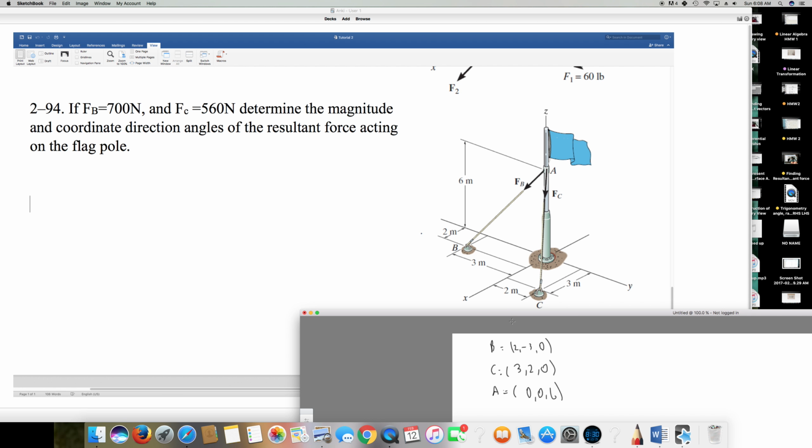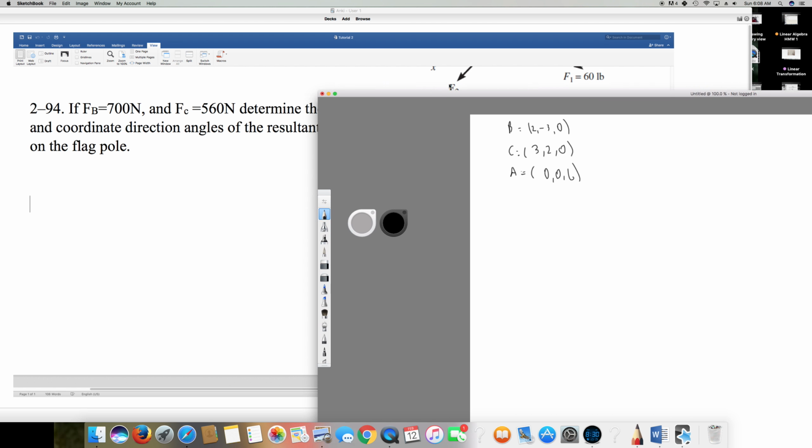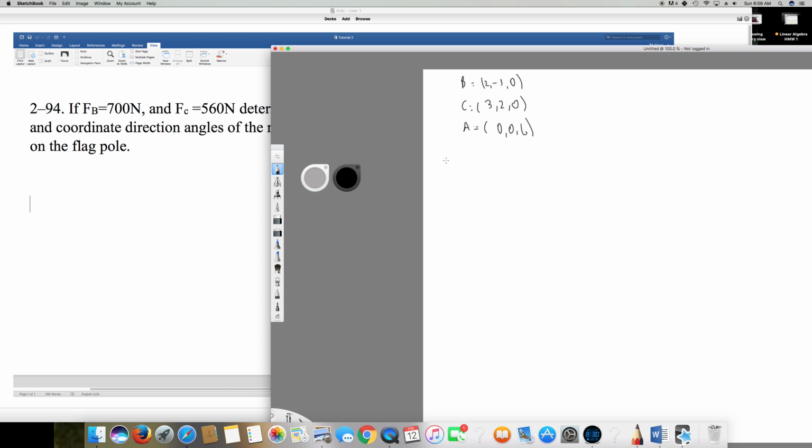Now let's do the math. First of all, I'm going to calculate UAB. UAB is equal to AB over the magnitude of AB.